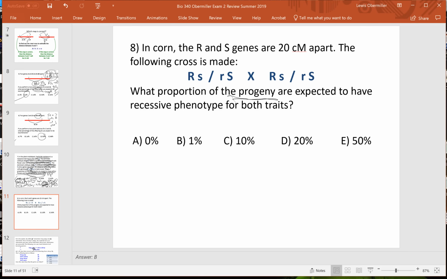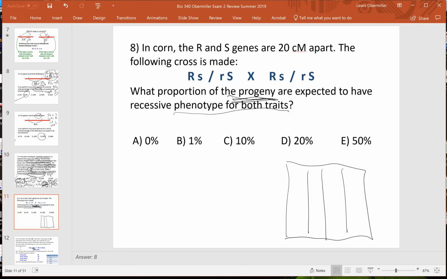This is asking, what portion of the progeny would you expect to have the recessive phenotype for both traits? So if we set up a standard Punnett square here, I'm not going to fill in all this stuff. You know the only way to get a progeny that is recessive for both traits is making these gametes, which is little r, little s.